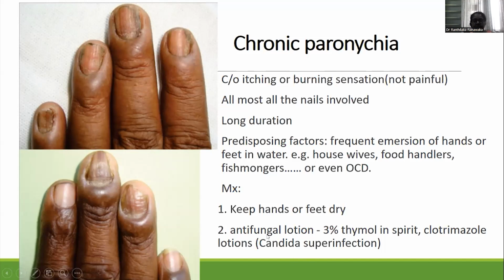You can ask them to apply an antifungal lotion, 3% thymol spirit or clotrimazole lotion, because there's candida superinfection, right? Candida is not the causative factor here, but only a superinfection. So we give antifungal lotion, and the most important thing is to keep hands or feet dry.